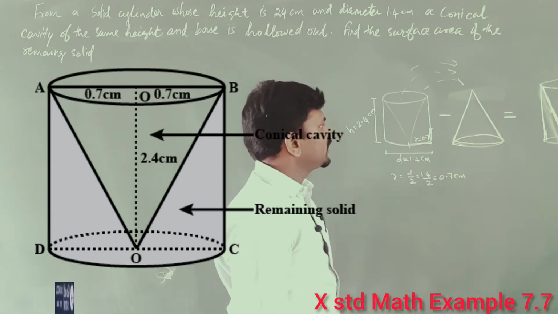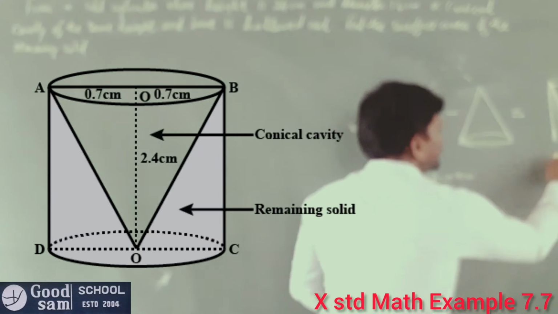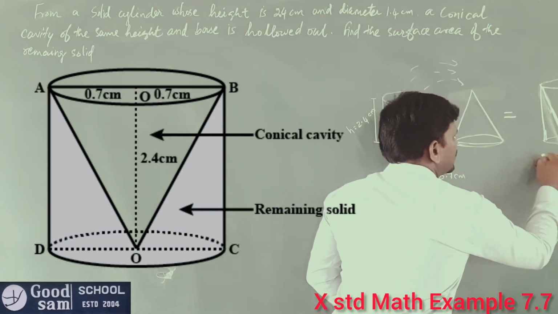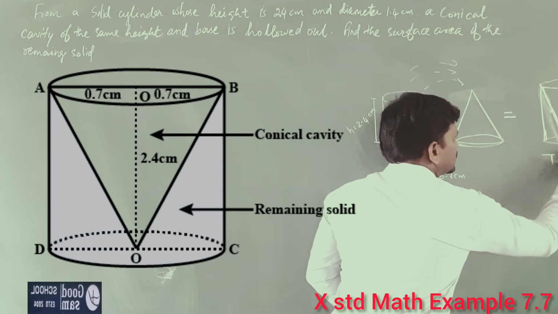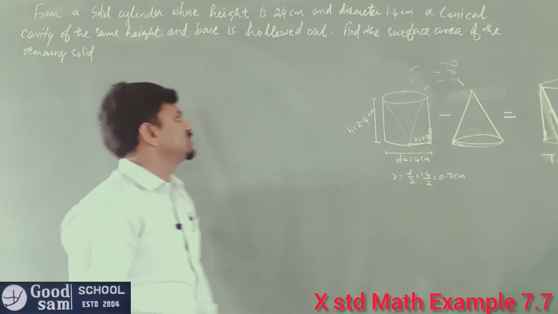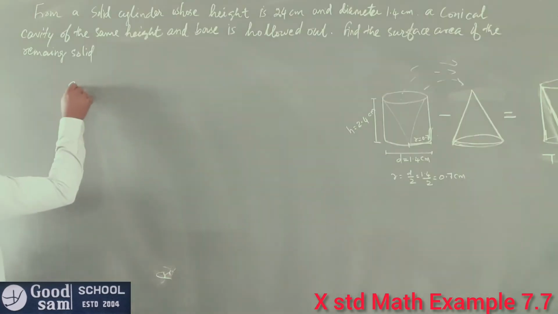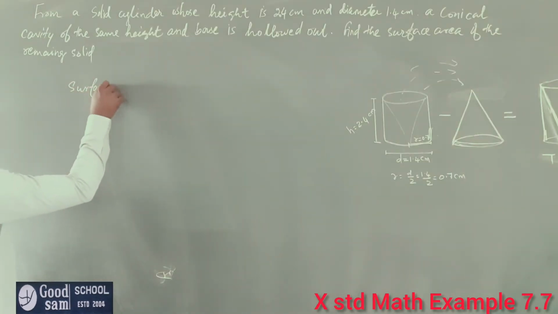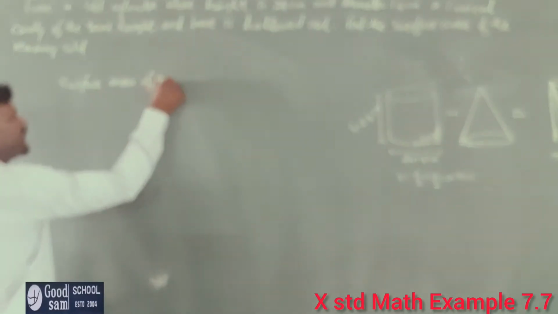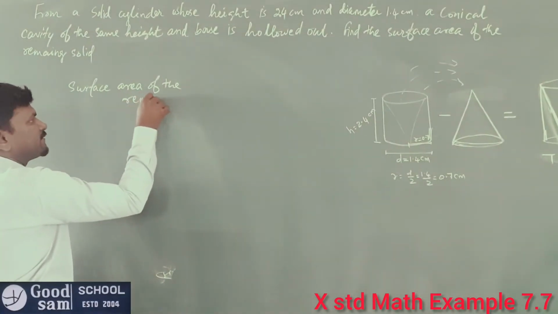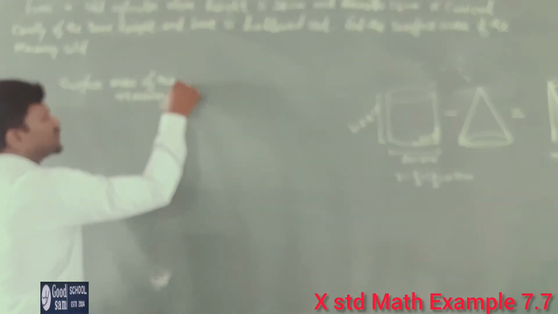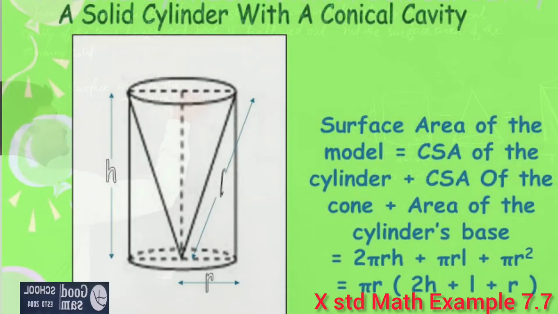So we have to find the surface area of this shape, the surface area of the remaining solid.